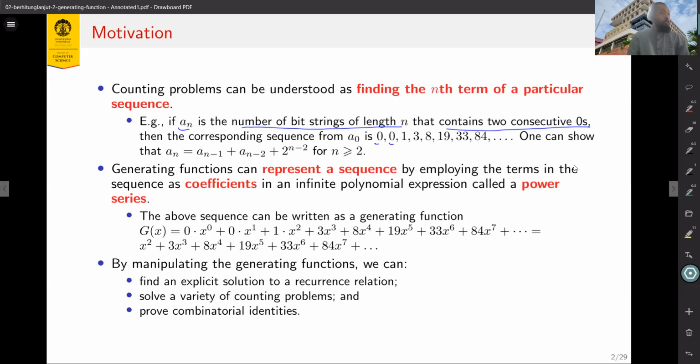a_0 and a_1 are both 0, because there is no bit string of length 0 or length 1 with 2 consecutive zeros, right?